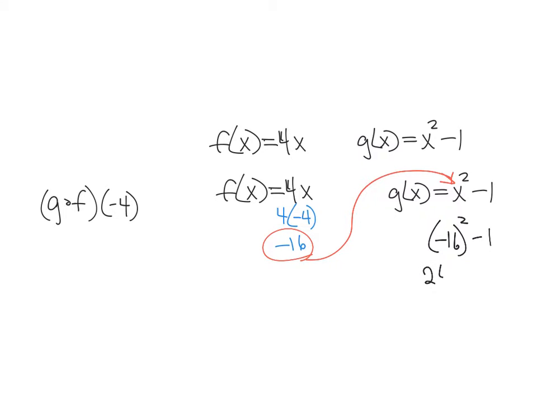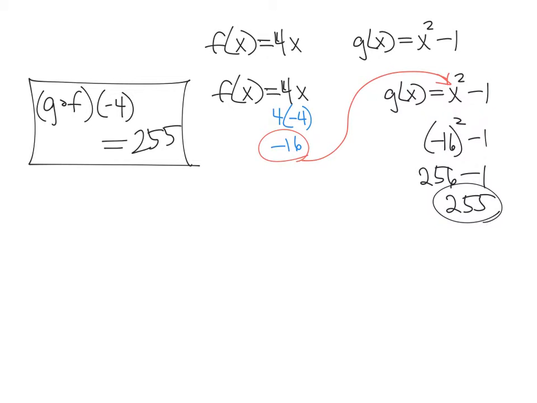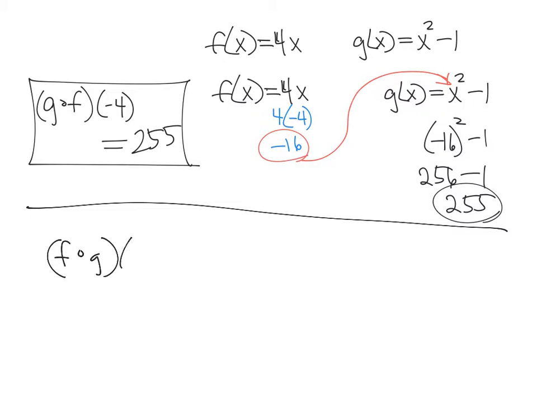So negative 16 squared is 256, minus 1 is 255. So that's our answer, equals 255. And that is our part A.